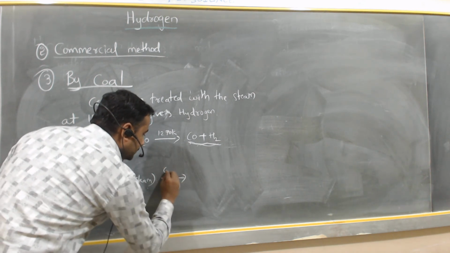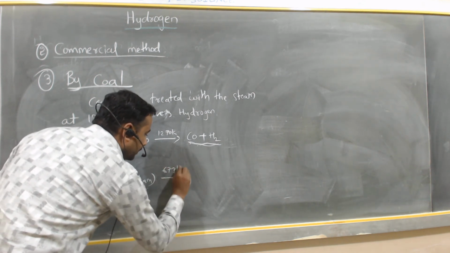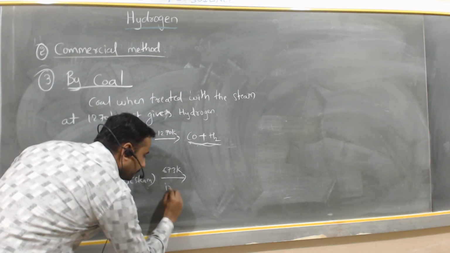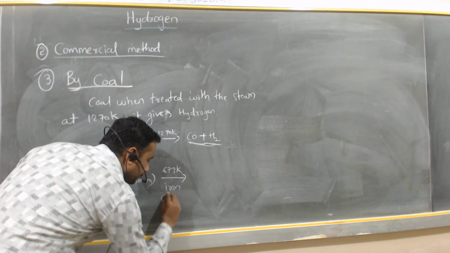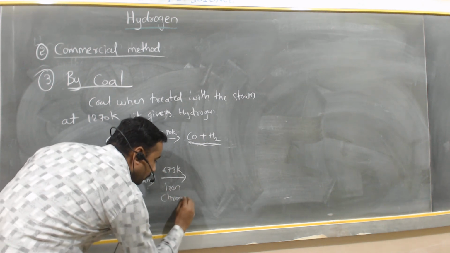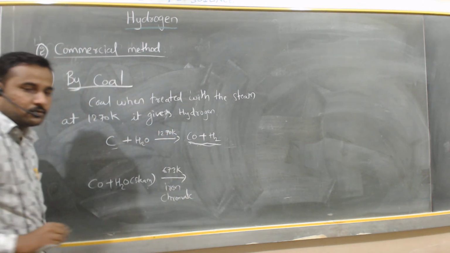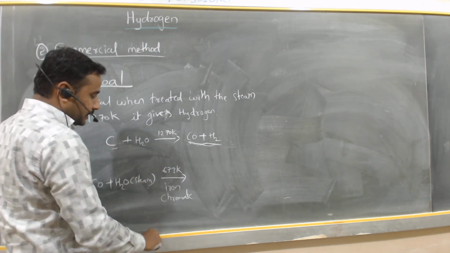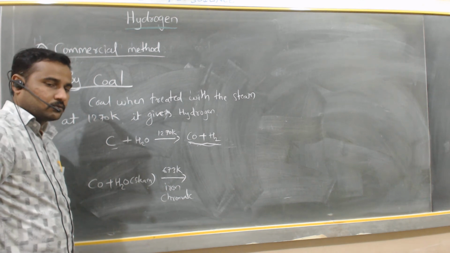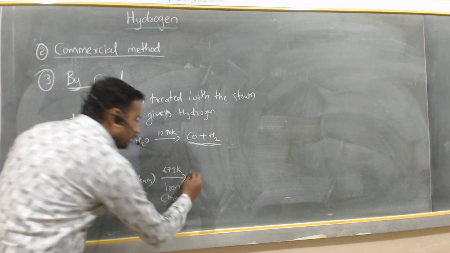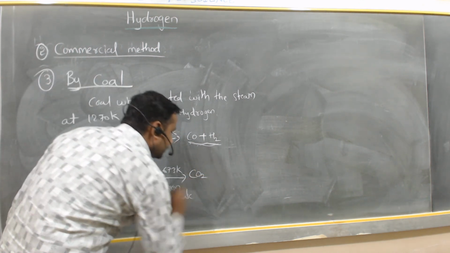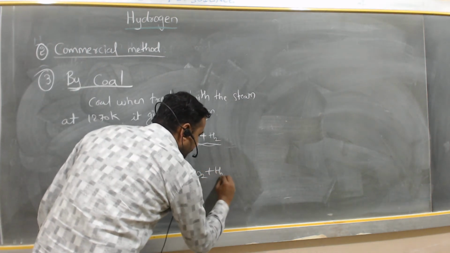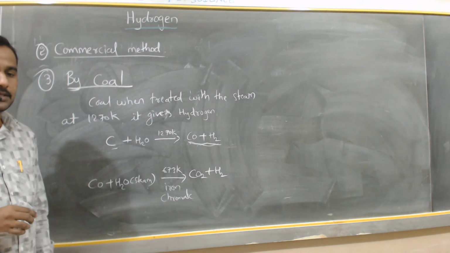At 673 Kelvin, in the presence of iron chromate as a catalyst, then what will it give? At 673 Kelvin and in the presence of iron chromate, it yields carbon dioxide plus H2.